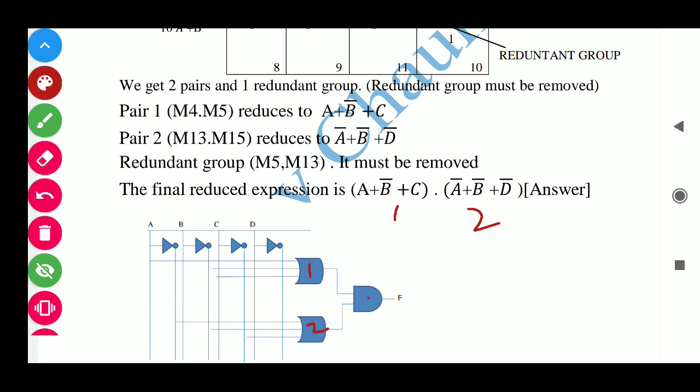Now you can see A is connected directly to A, B naught, then B naught you have connected here, then C is connected here, and for 2 A naught is connected here, then B naught is connected here, okay, then D naught, B and D naught should be connected here. You just cut this one, okay, connected this one. So this is the answer.